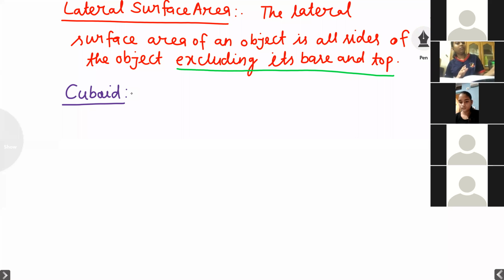A solid figure bounded by six rectangular regions is called a cuboid.